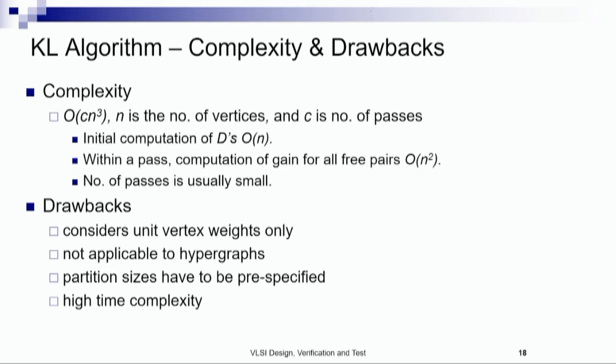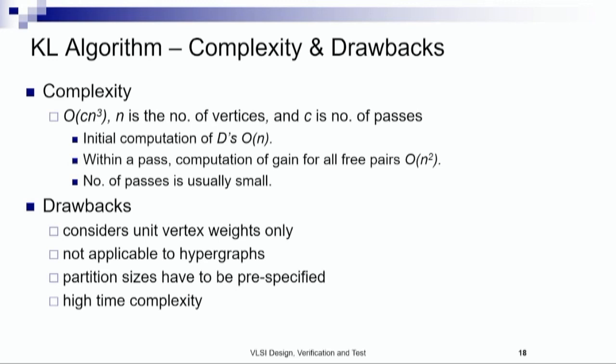Now within each pass, we need to compute the gain across all free pairs. Now in each pass, we have to once calculate the gain across all free pairs, and then we have to go on updating the gains in each pair. So what is the maximum number of pairs that we have to choose? It's big O of n square, right?